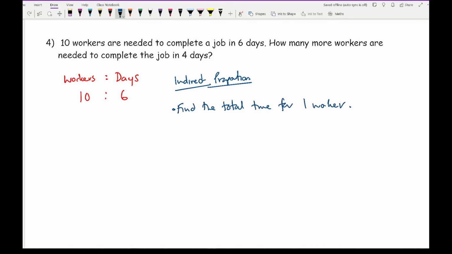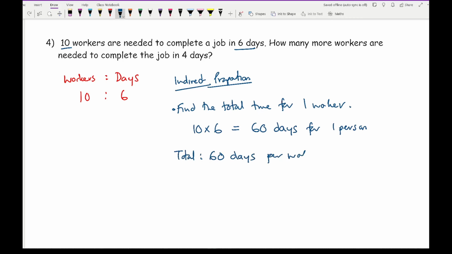Now for this, if 10 people are working 6 days, then 10 times 6 is going to be 60 days for one person, because that one person is going to have to do 10 people's job, and if it takes 6 days to do 10 people's job, it's going to take 60. So this is a total of 60 days to complete per worker.